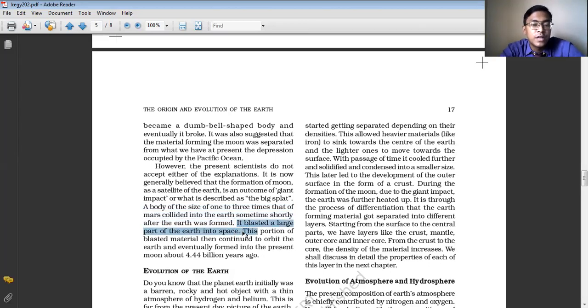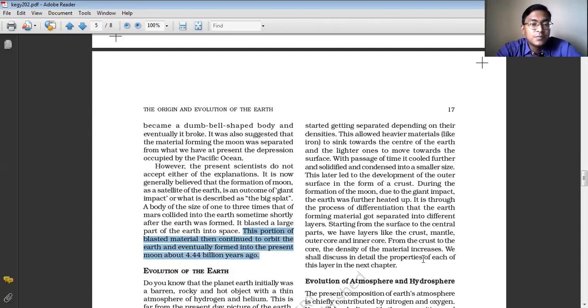Because of this collision, a large part of the Earth got detached. This portion of the blasted material then continued to orbit the Earth and eventually formed into the present moon about 4.44 billion years ago.